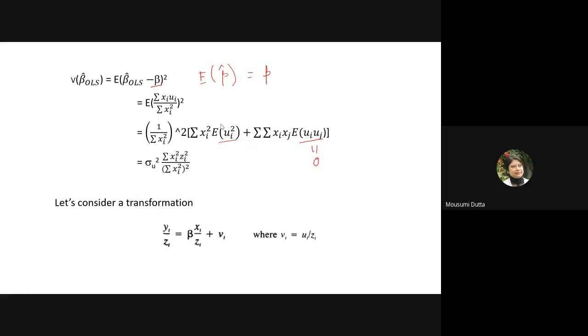Now sigma u square is a constant, so I can bring it outside the sum. So it is summation xi square zi square divided by summation xi square. Is this calculation okay to all of you? Or should I need to repeat any part?